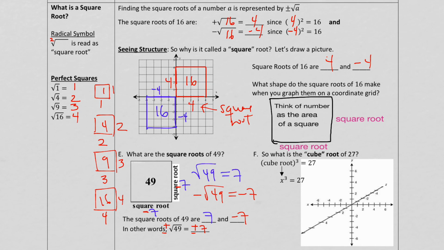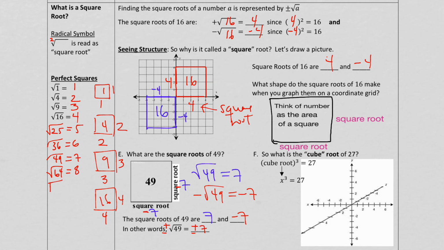And guys, this list will go on, so we should memorize the first perfect squares. The square root of 25 will equal 5, because it's a 5 by 5 square. The square root of 36 is 6. The square root of 49 is 7. The square root of 64 is 8.